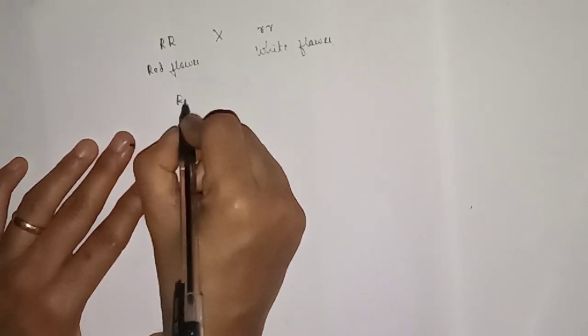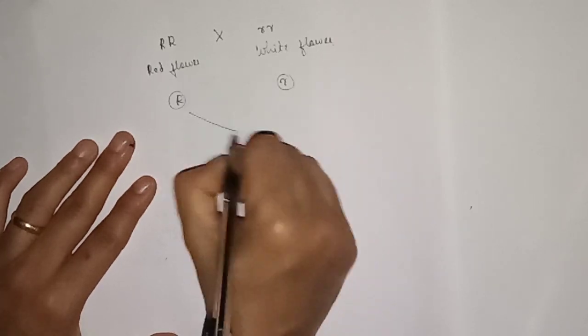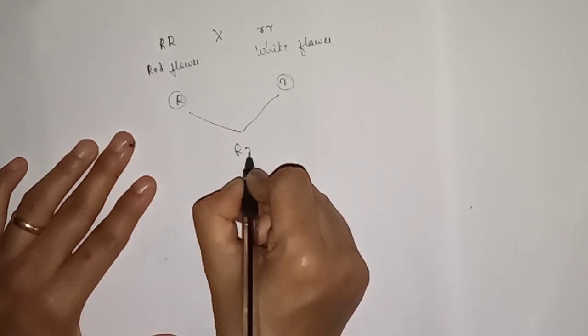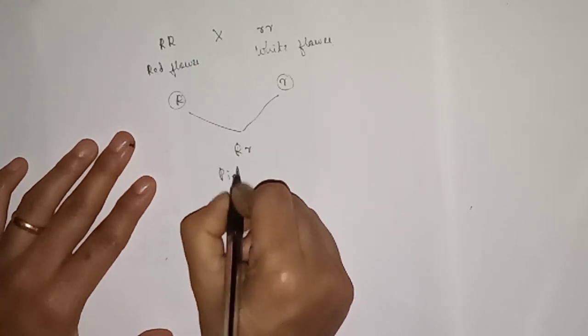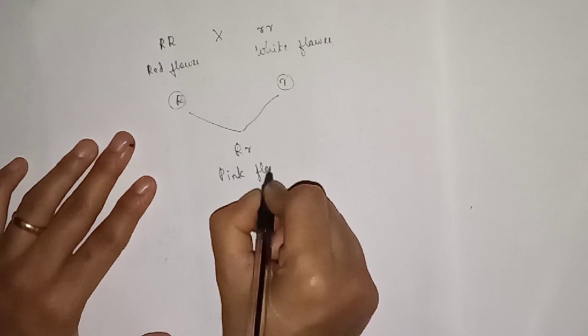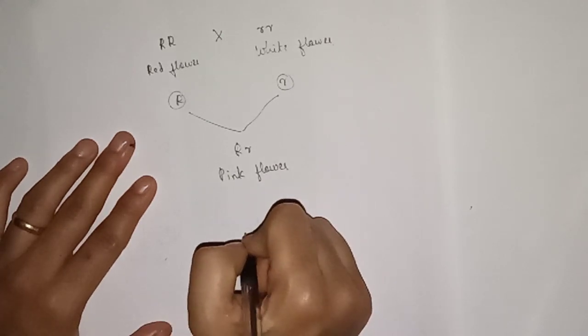These are the gametes, and this is the F1 generation. In the F1 generation, he got all pink flowering plants.